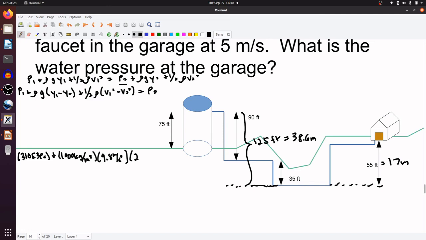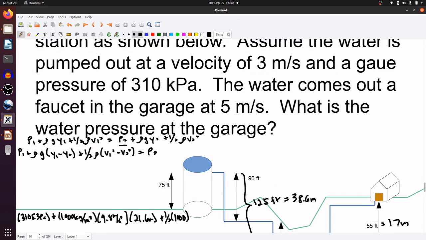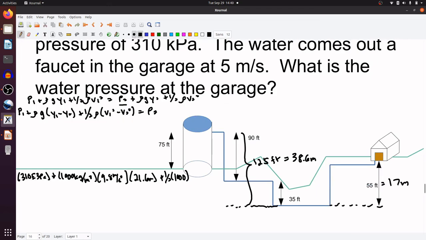It's a long equation. Plus 1/2 of 1,000, dropping my units, times V1 squared minus V2 squared. At 1, it was 3, so that would be 3 squared minus 5 squared, and that equals P2.